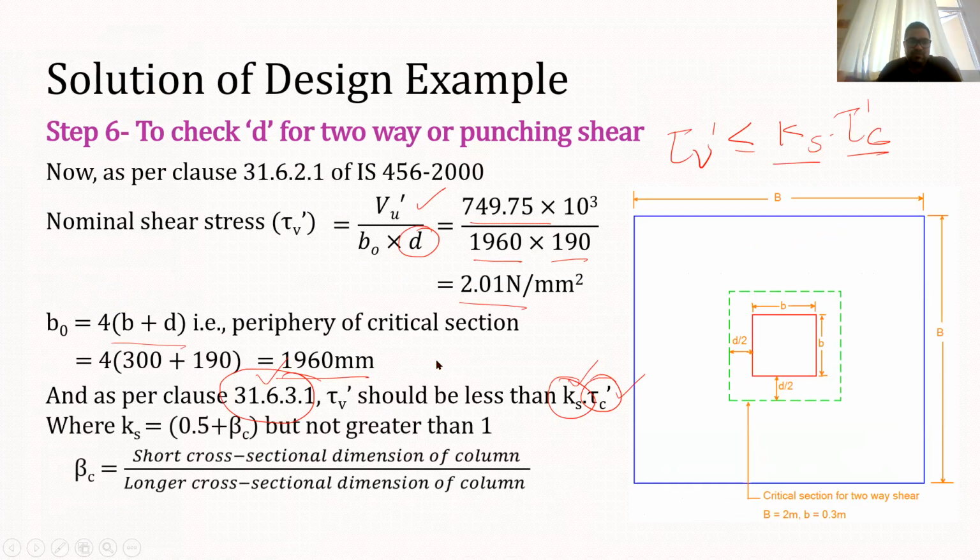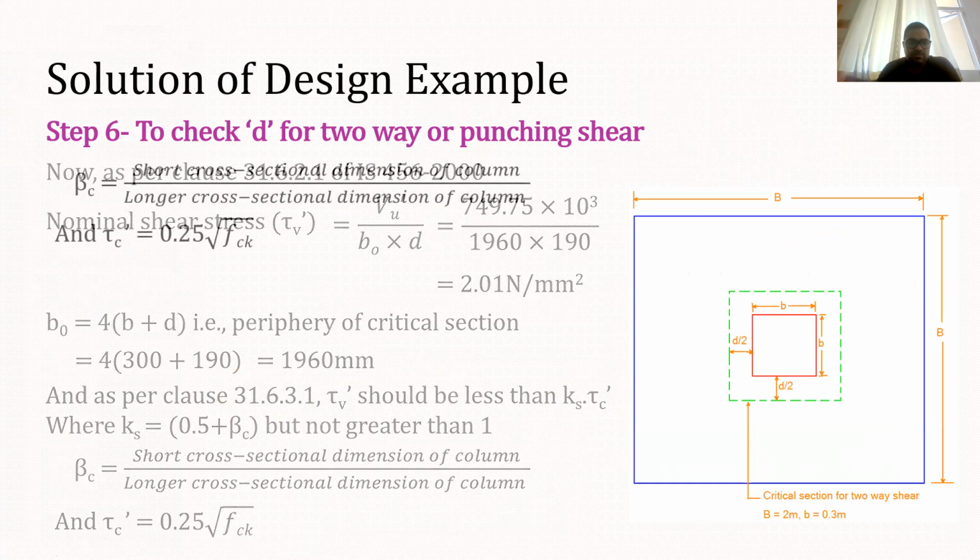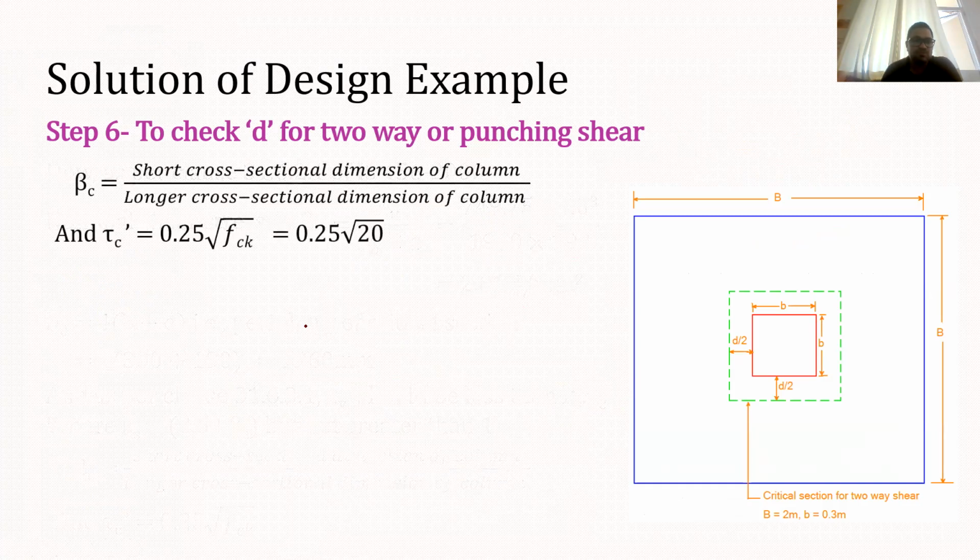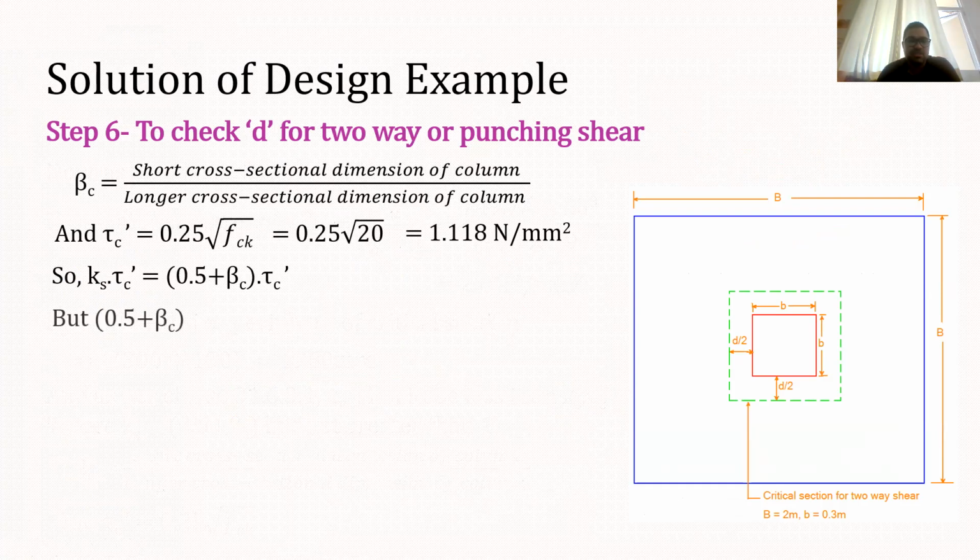So here Ks value is 1. So tau C dash value is 0.25 into under root fck. Putting the value, we get tau C dash as 1.118 Newton per mm square. Ks into tau C dash is 0.5 plus beta C into tau C dash.